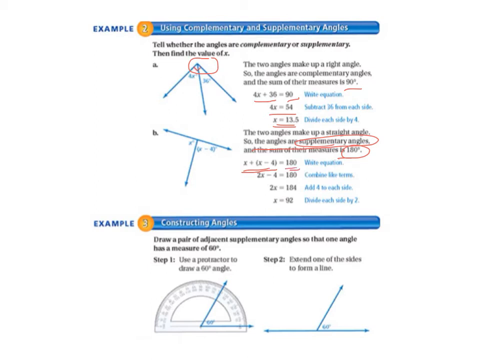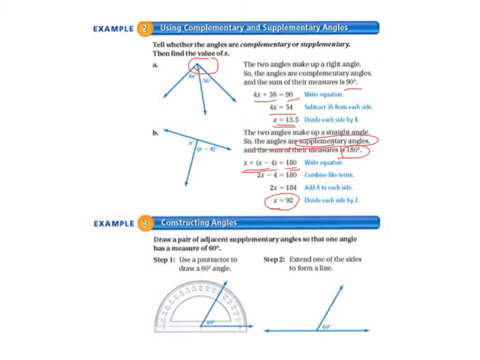We write our equation, and then we combine like terms. So x plus x equals 2x, and then we have the minus 4, and that equals 180 degrees. And then we add 4 to each side, and we divide both sides by 2, and we get x equals 92 degrees.